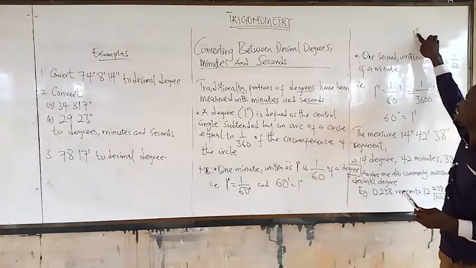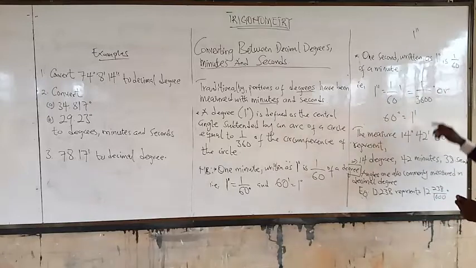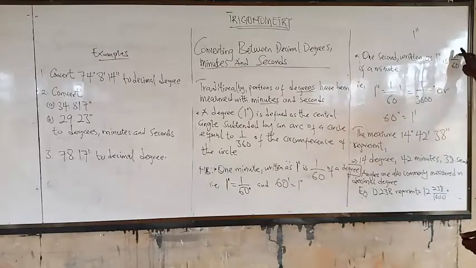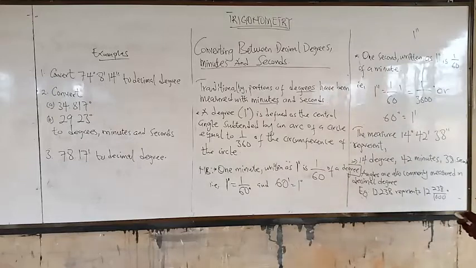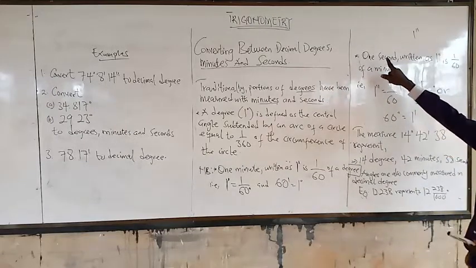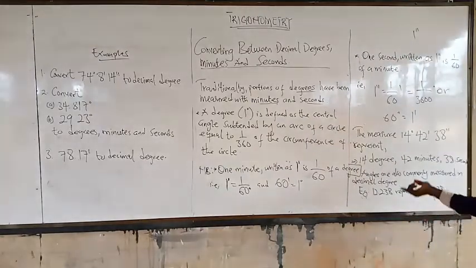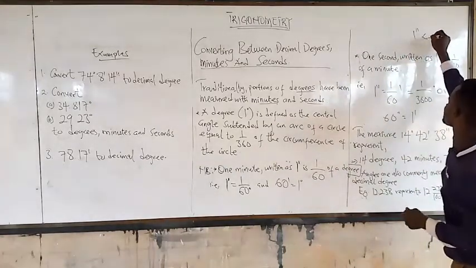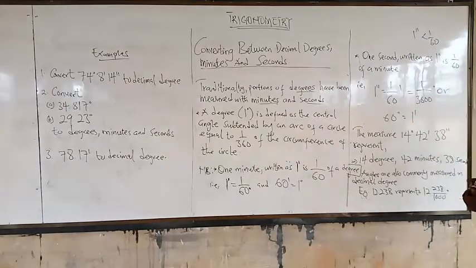It's not by mistake, it's there for a reason. So 1 double prime is 1 over 60 of a minute. That means that if you have 1 second and you want to get it in minutes, you have to multiply by 1 over 60 or divide by 60, and you are going to get such a result.